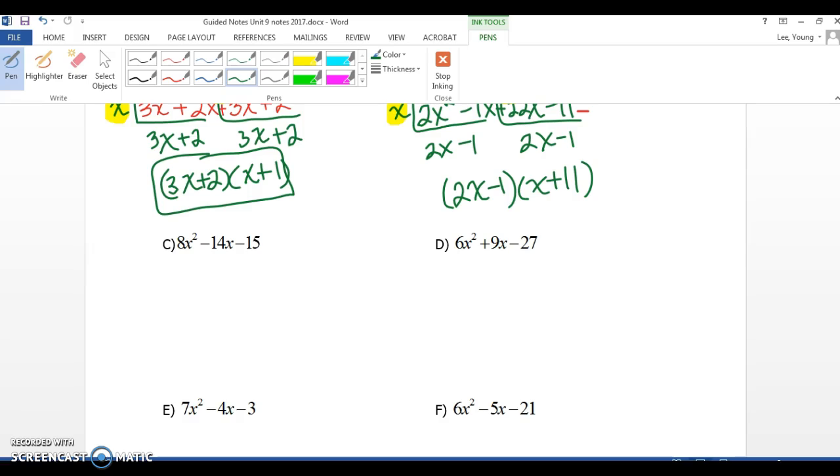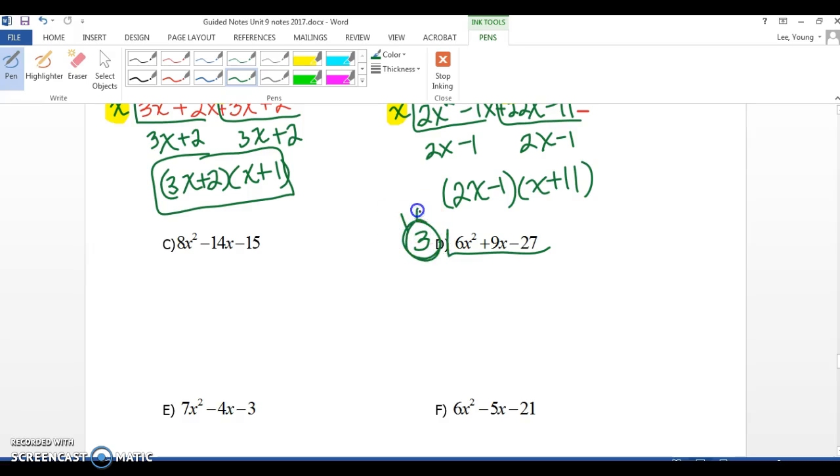So the first thing that we need to check is GCF. 6, 9, 27. Oh, this time we do have a greatest common factor. What is the greatest common factor of 6, 9, and 27? Correct, it is 3. So I'm going to factor out the greatest common factor.